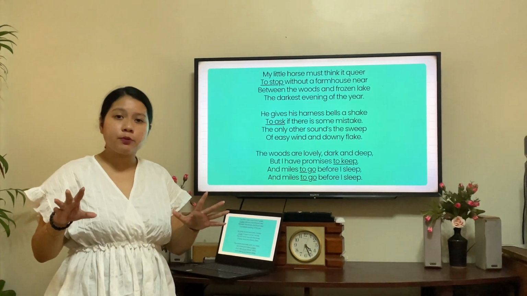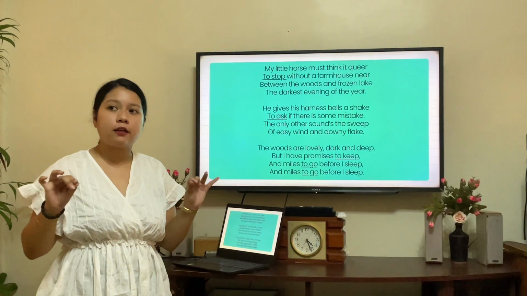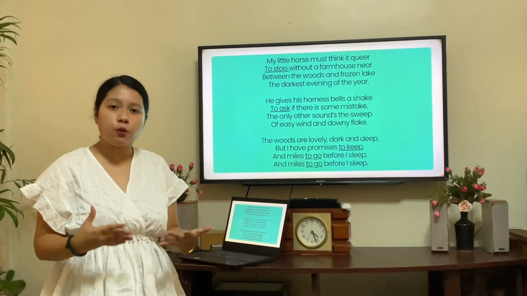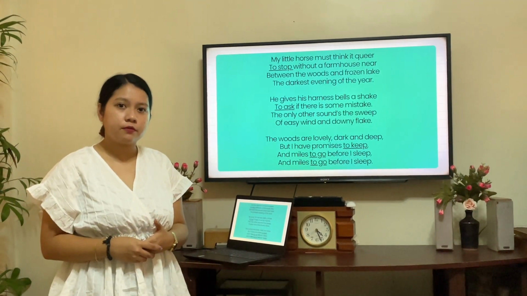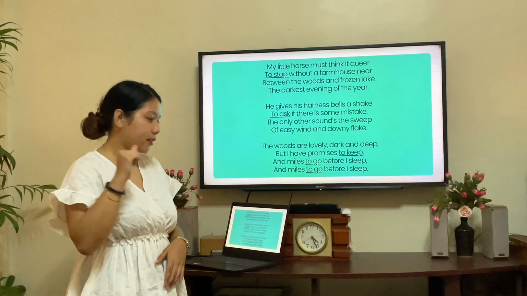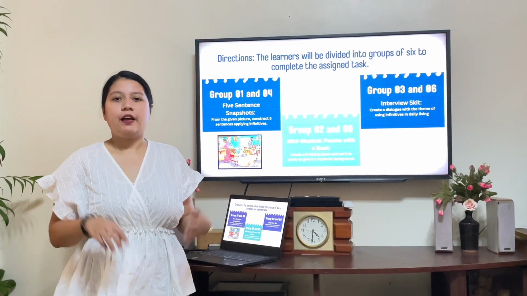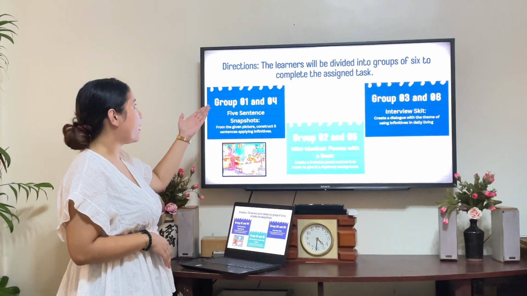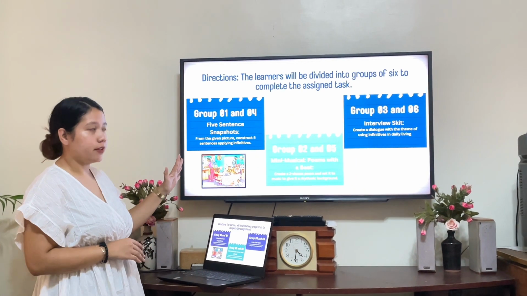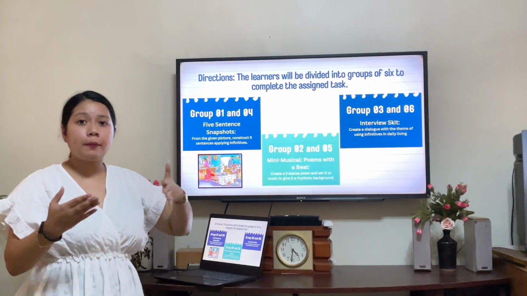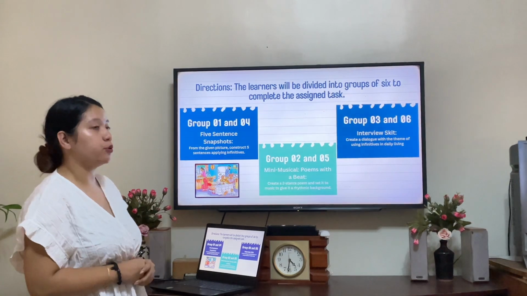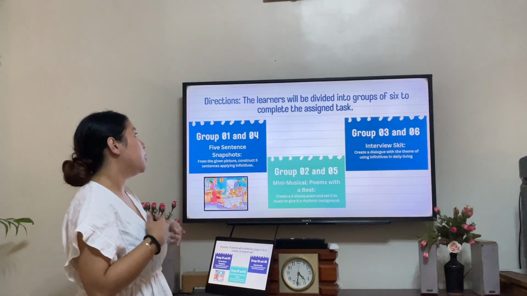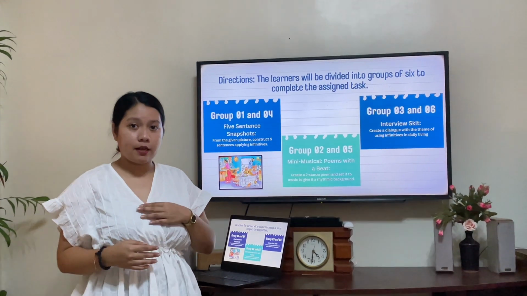Okay. So, before we proceed to our real activity, do you have any questions? Okay, none. That's great. So for our activity, these are the directions: you, my learners, will be divided into groups of 6 to complete the assigned task.